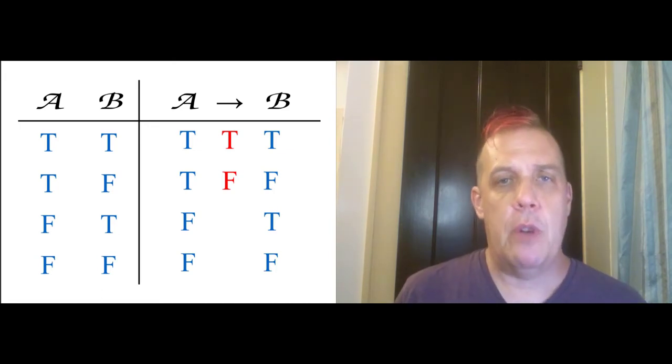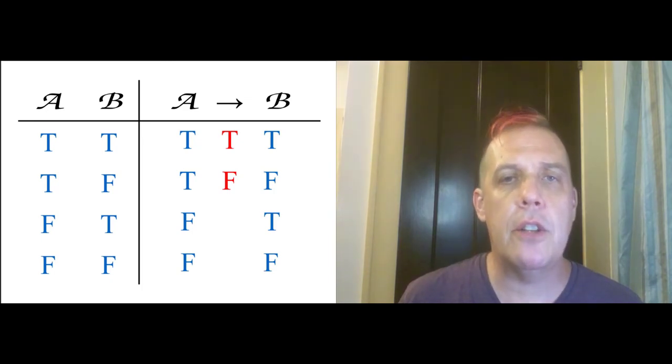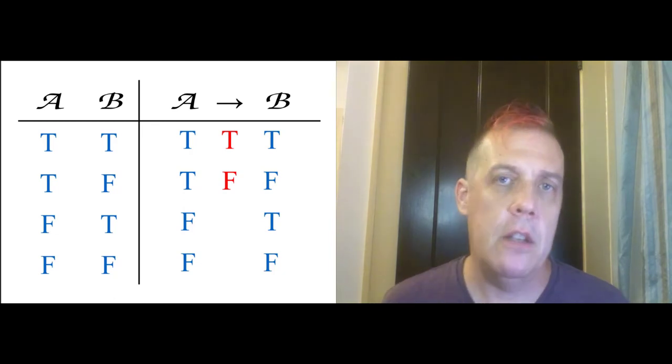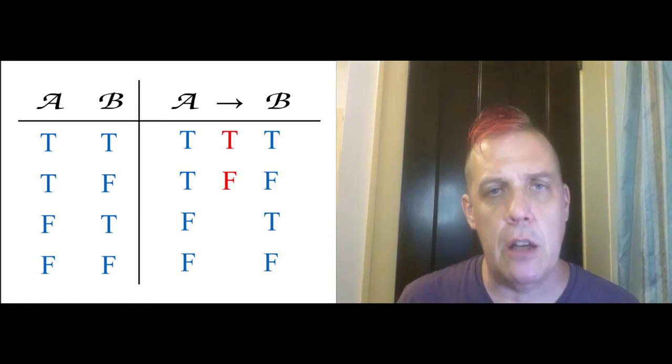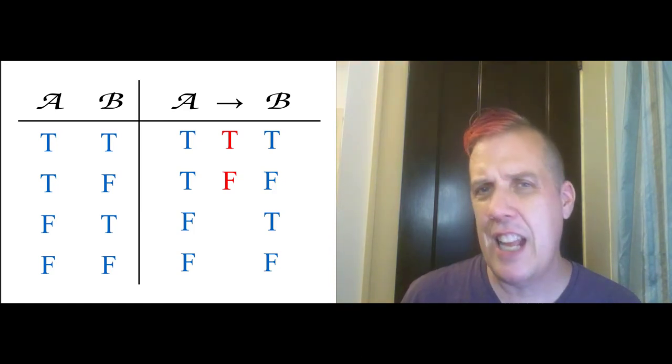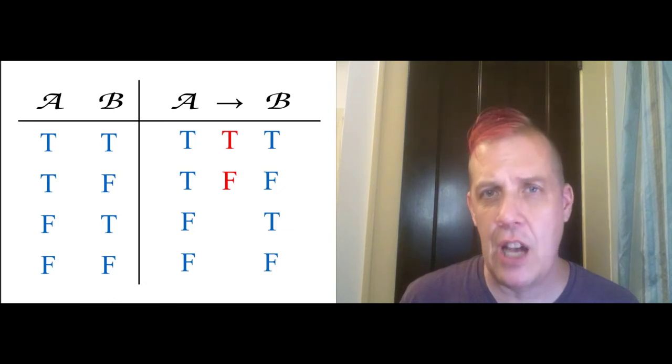But what about the situation where the antecedent, the left-hand side, is false? Ordinary English is actually ambiguous about this. If I say, if it is raining, you should bring an umbrella, I'm not really saying anything about what happens if it's not raining.